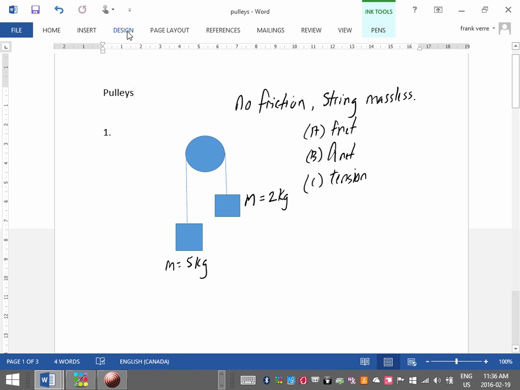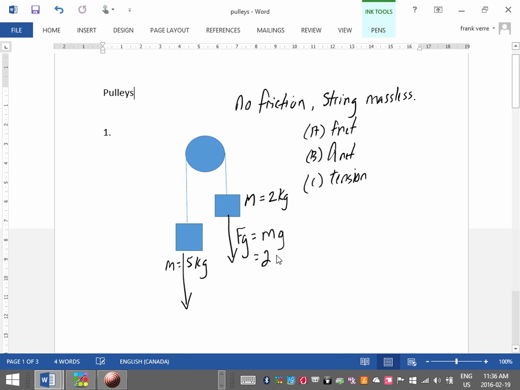All right. So let's consider there's really only two forces acting on this system, right? There is the weight of this object on this side, and then there's the weight of this object on this side due to gravity. So we can easily calculate that. What's the weight on this side? It's mass times g.